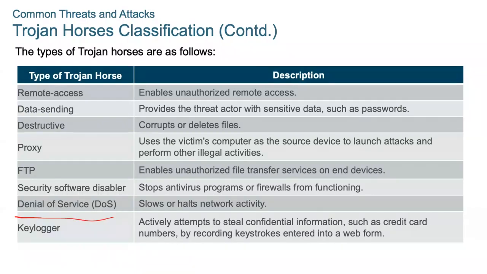Another type of Trojan horse is your denial of service. So with this denial of service, as said, unwanted packets or network traffic will be there. As the traffic increases, the network becomes congested. So legitimate users cannot transfer any data from one device to another device.